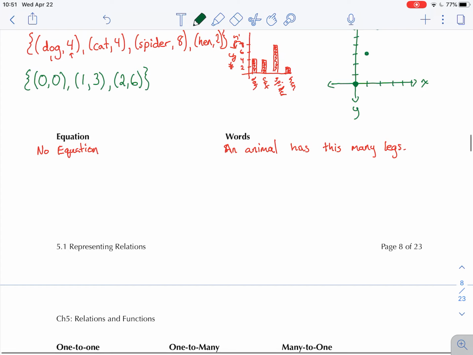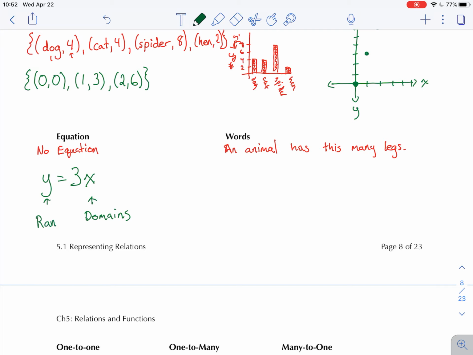Now, this one does have an equation. So we take the equation for this one: our range value is equal to 3 times our domain value. X is used for domains, and Y is used for ranges.